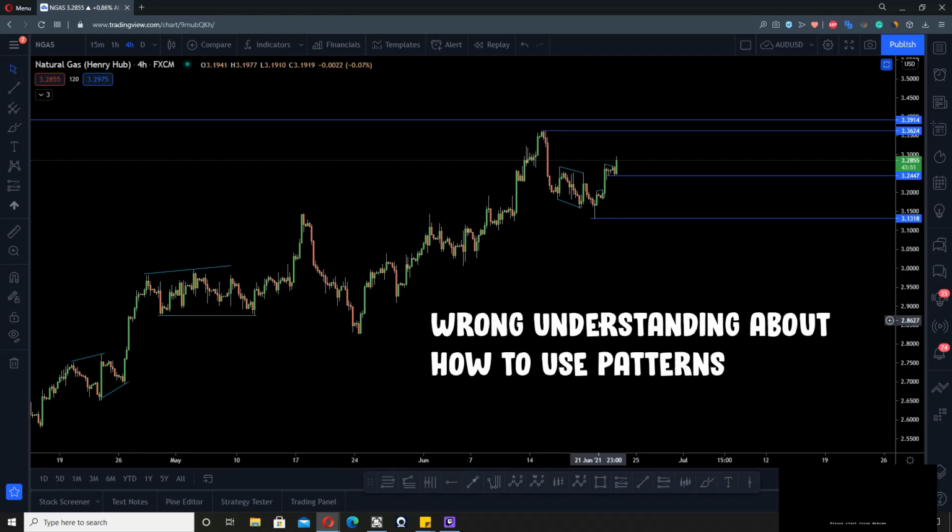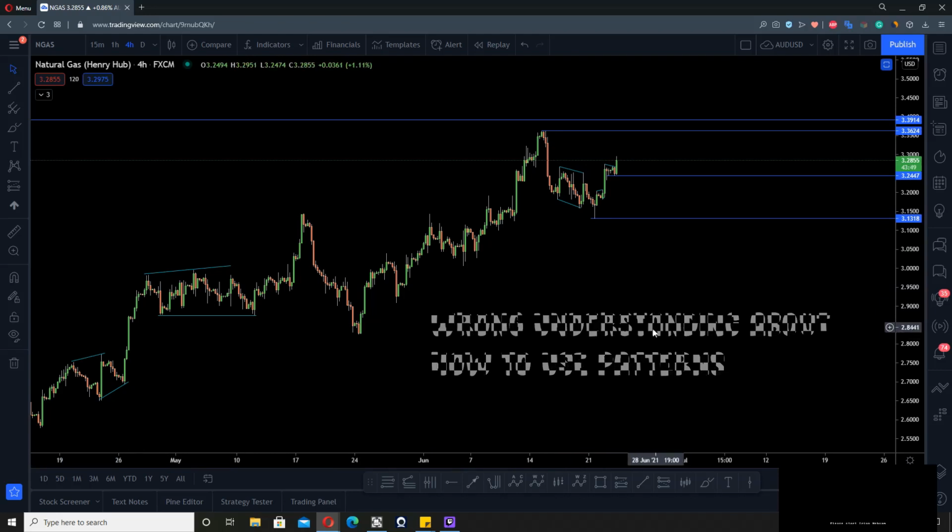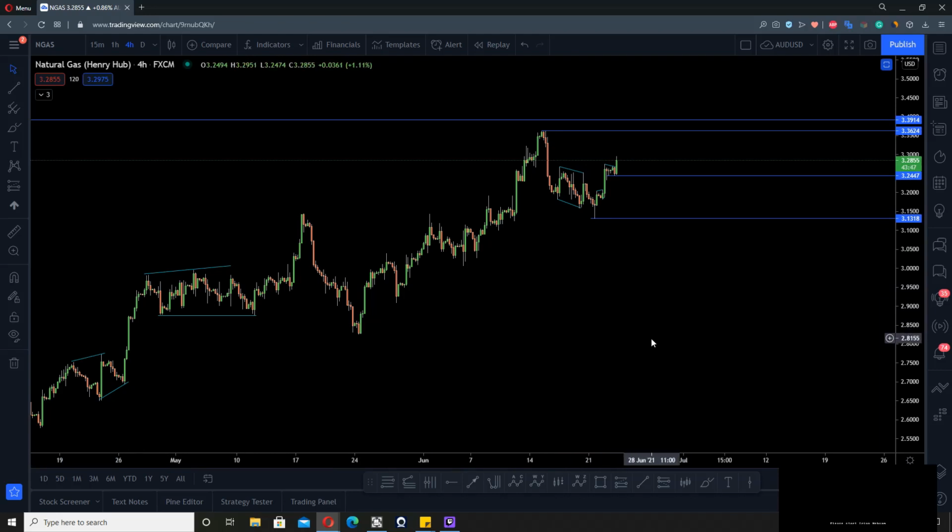So I wanted to clear some things because patterns are basically not a bulletproof forecast or prediction. There's no such thing. Okay? What they do offer is the ability to identify chart pattern scenarios as they unfold in real time.